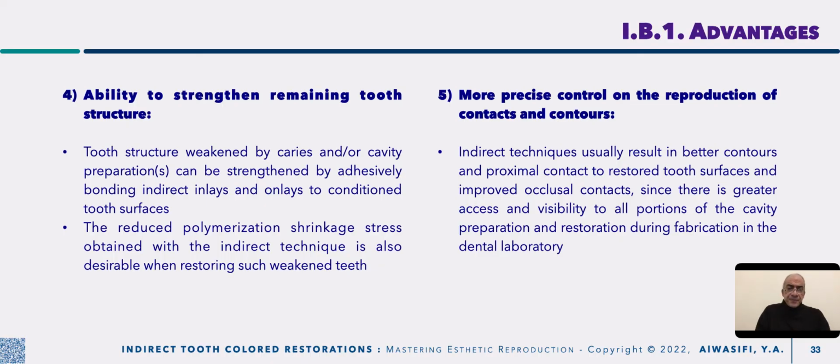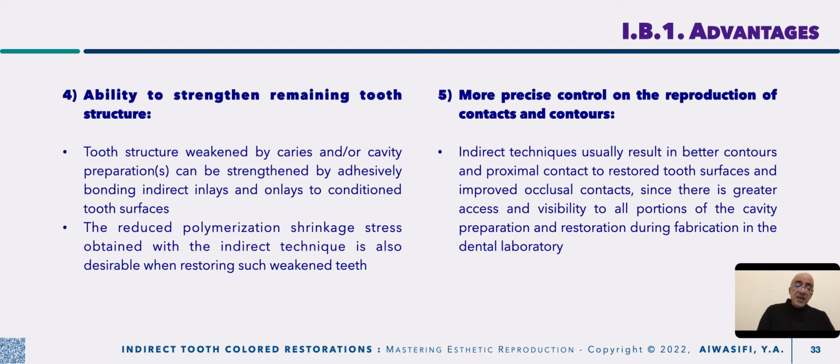Then, among the advantages of indirect tooth-colored restoration, you still have the option of strengthening the remaining tooth structure, because you are applying the bonding procedures that cross-tie the weak tooth structure with the strong restoration or the strong neighboring structure, using the same bonding procedures for applying adhesive resin cement.